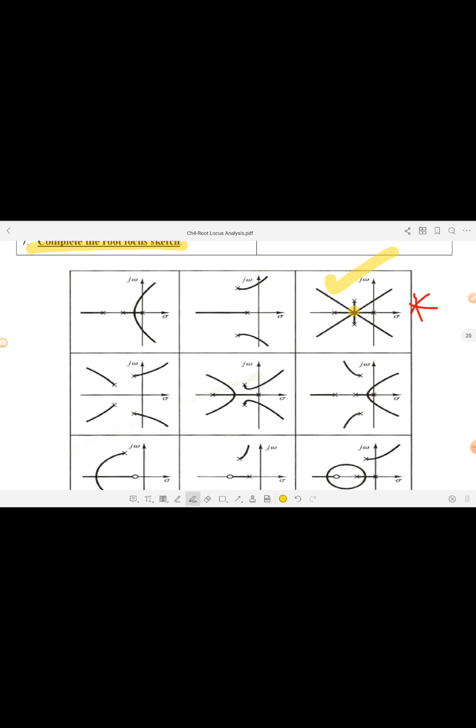This means that 360 divided by 4 gives 90 degrees, and this is why this is 90 degrees, 90 degrees, 90 degrees, and this initial angle is 45, which is equal to 180 divided by 4. Why have we divided by 4? Because we have 4 branches. They meet at this point, and after that they depart.